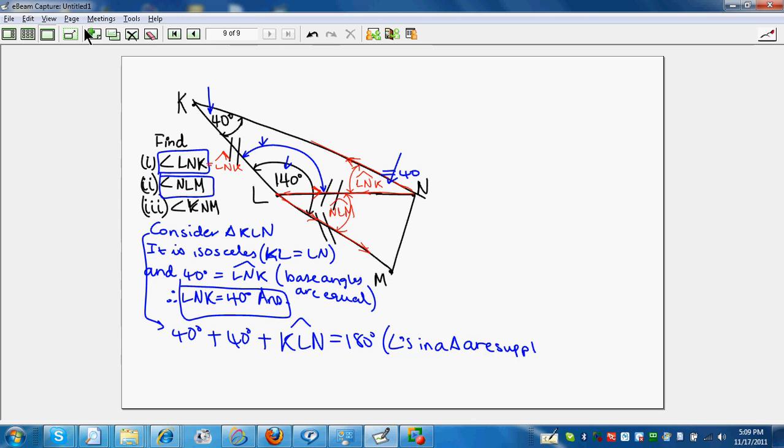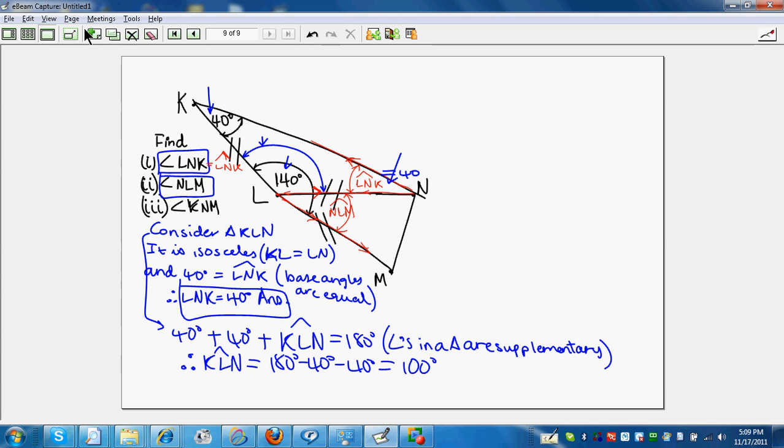Supplementary means add up to 180 degrees. Okay? So therefore, we could find what angle KLN is equal to. It'll be 180 minus 40 degrees minus 40 degrees, because we are minusing the 40s on the left hand side to get KLN, and therefore we have to minus it on the right hand side as well, and that will give us 100 degrees.